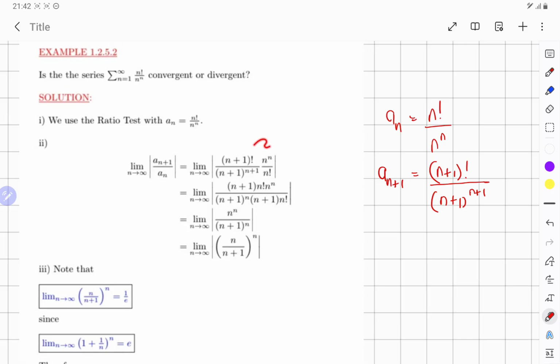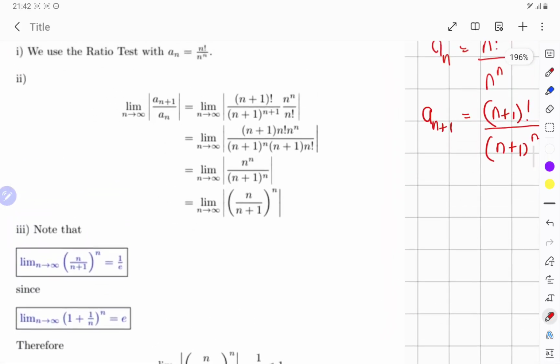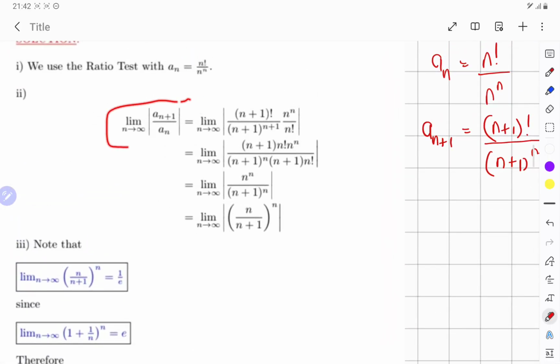There is our a n plus 1, we divide by a n. So this formula, please just study it well. And do not forget the absolute value signs. That is often a mistake students make.